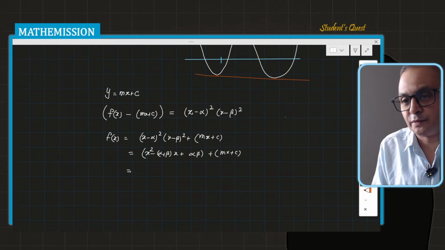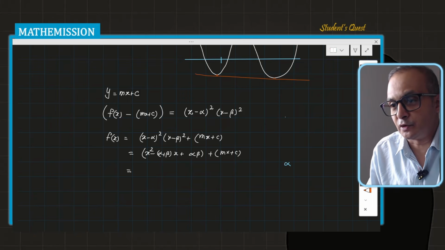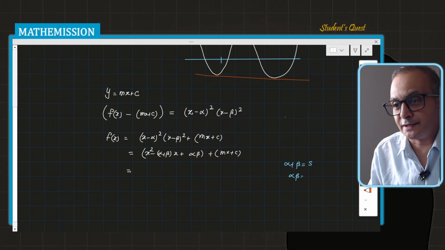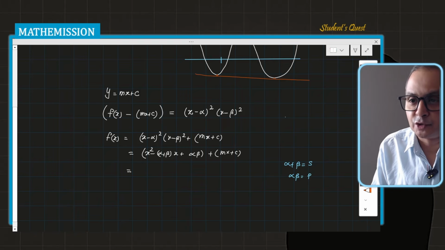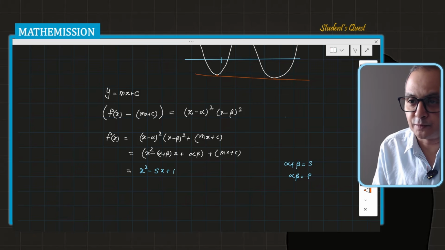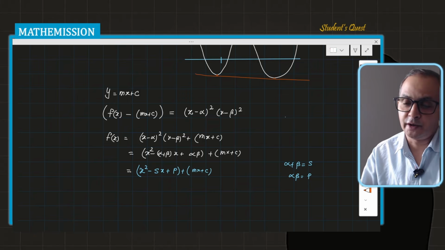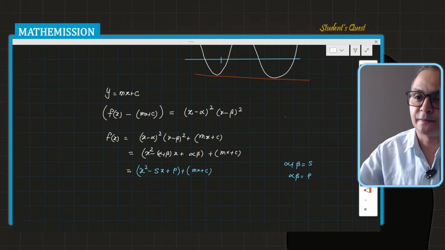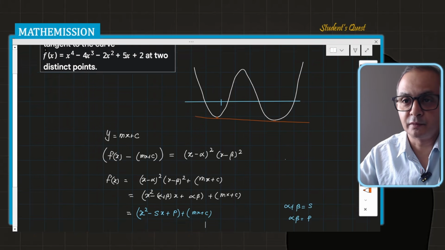So let's assume alpha plus beta as some constant s, and alpha beta as the product p. So I can write this as (x squared minus sx plus p) squared, and then plus mx plus c. Now I have to write the function again, the left hand side.